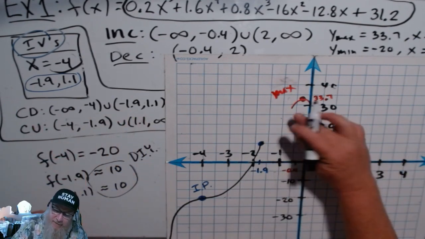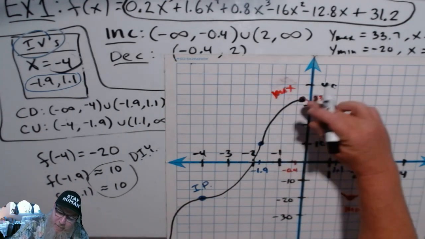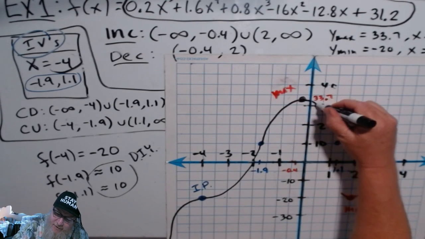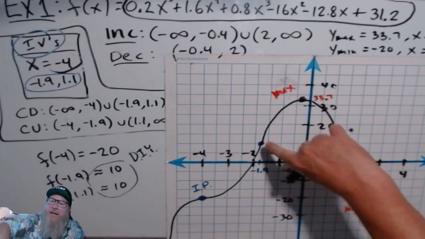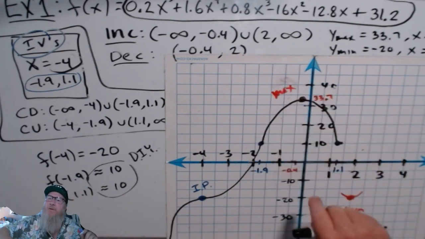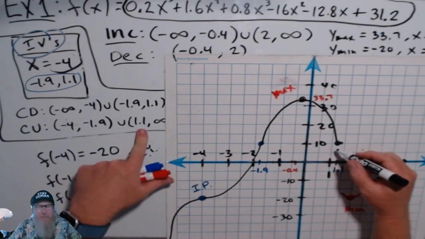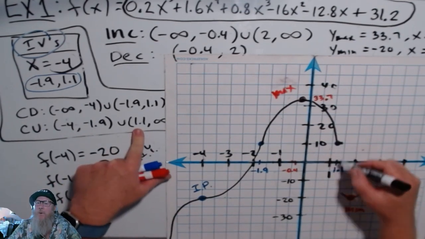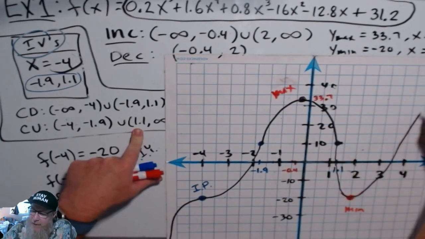Then it goes concave down again until it reaches the max. Then it continues concave down till it reaches the next inflection point. So this is the peak or the hump, the camel's hump, so to speak, or the mountaintop. Then it goes concave up again, at 1.1, and then it's concave up all the way to infinity.